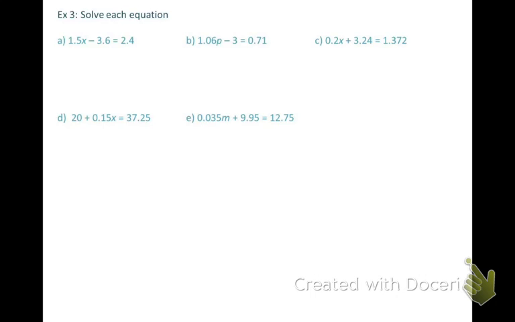So, what do I have to multiply by to get rid of the decimals? Well, the highest place is tenths, so it's going to be multiplied by 10. So we're going to multiply everything by 10. So I'm going to have 15x minus 36, because I'm just moving it over by 1 decimal. Now I have a two-step equation without any decimals.